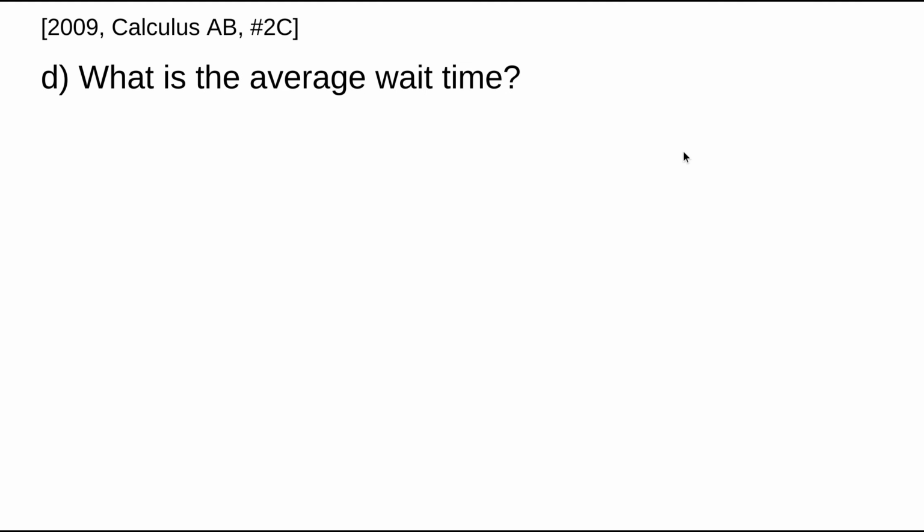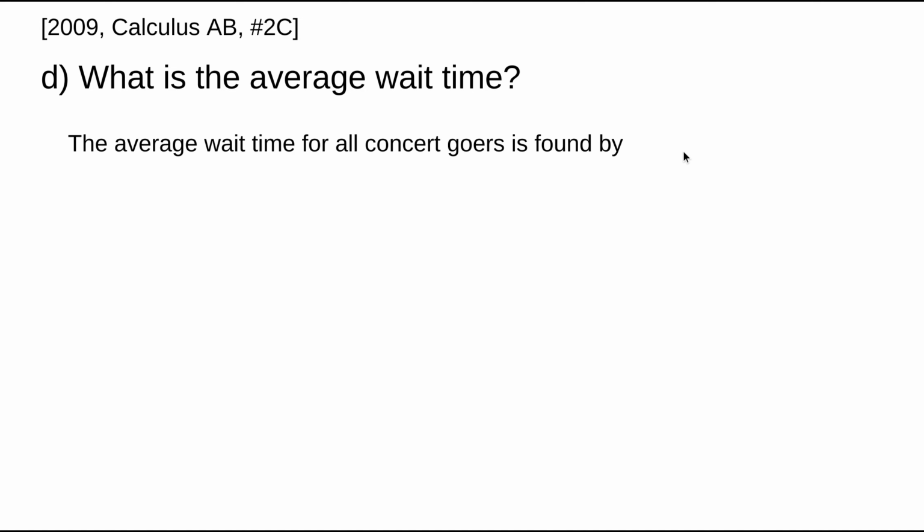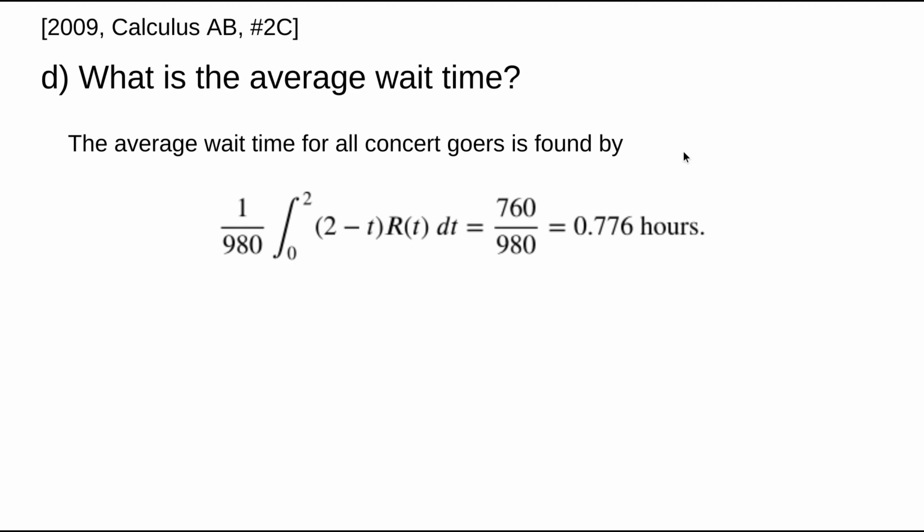In part D of this question, we are asked to find the average wait time, and this would be per person, which adds a little wrinkle to this question, which even threw me for a loop the first time I saw it. So the average wait time is going to be an application of the average value of a function, which is an integral problem. Okay, fine.